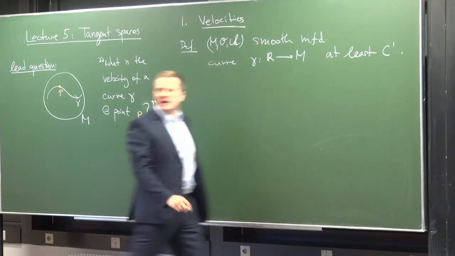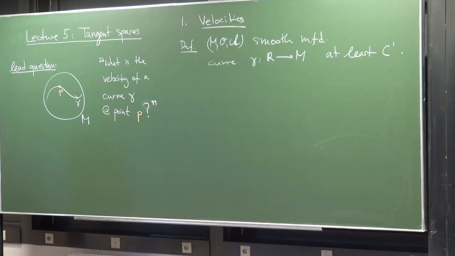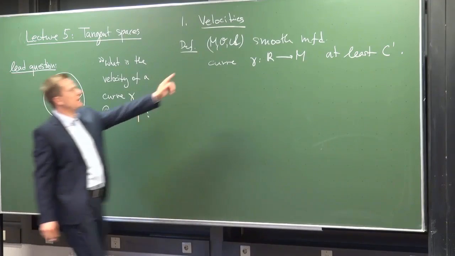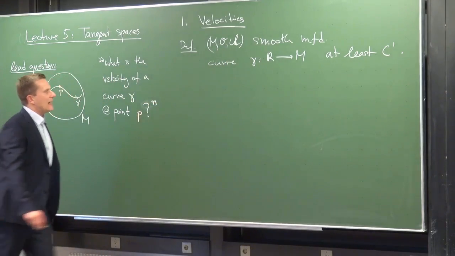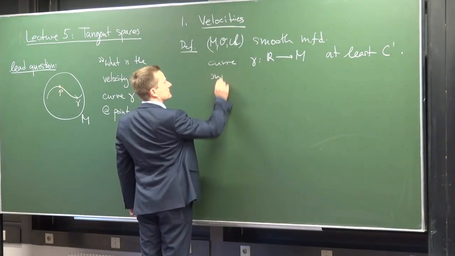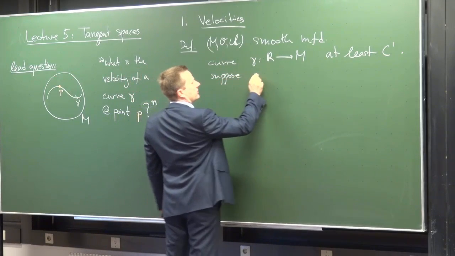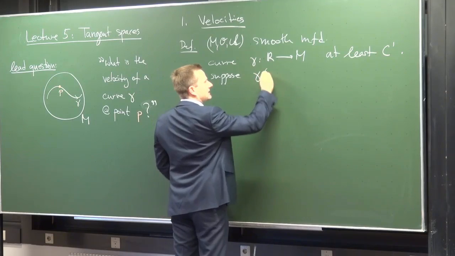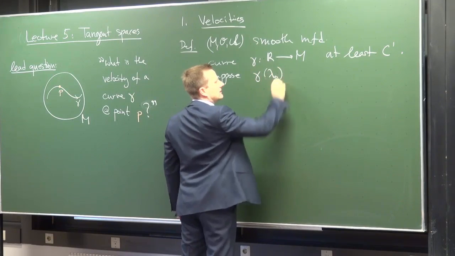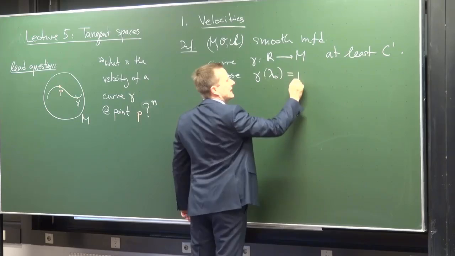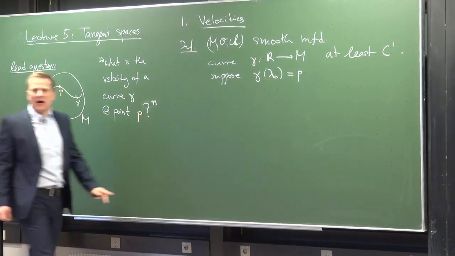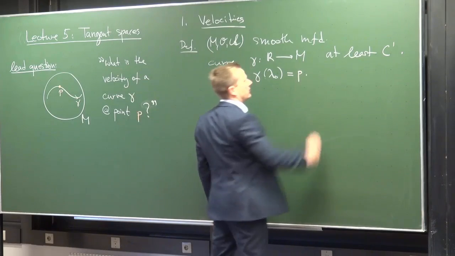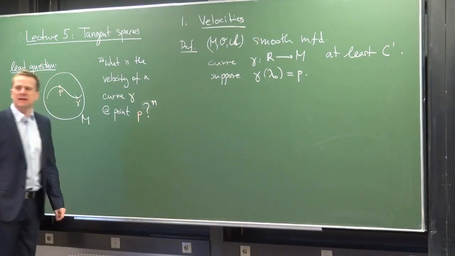So it can be once continuously differentiated with respect to the charts of this smooth atlas. And we suppose that the curve gamma at some parameter value lambda 0 hits this point P, because otherwise it's meaningless to ask what the velocity of the curve at the point P is.